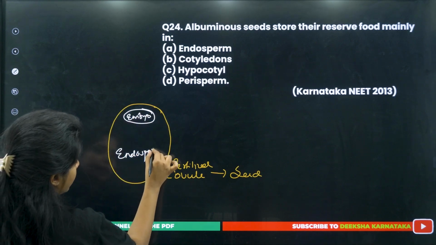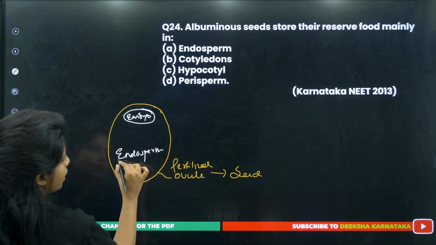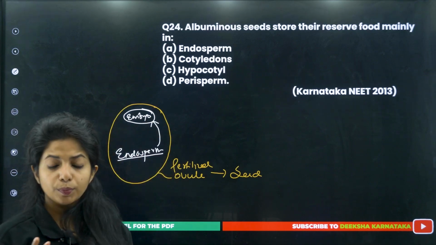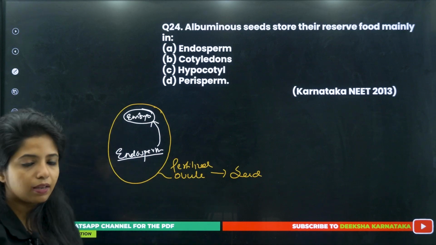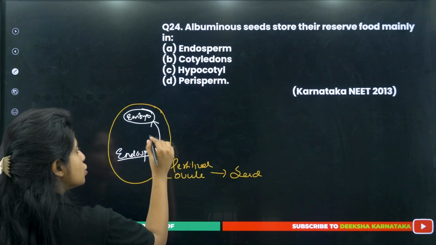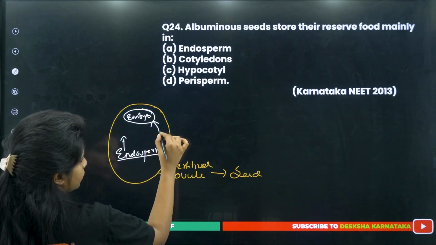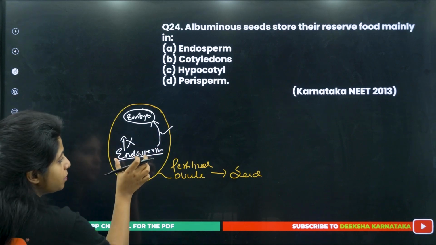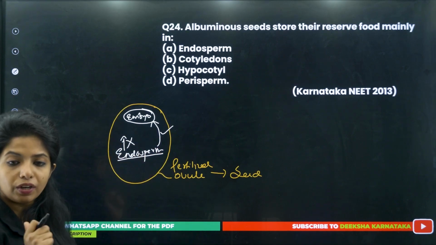So what happens is that during embryo formation, endosperm is taken up. Endosperm is fully taken up by some seeds, whereas in some seeds the endosperm is not fully taken up. So this is taken up, this is not taken up. Okay, so you have a persistent endosperm there, little amount of endosperm there.